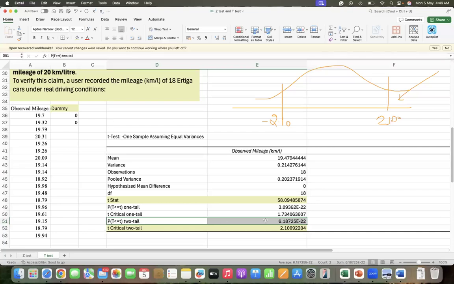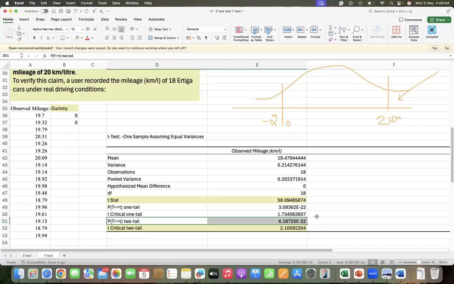So this p value says 6.187. Okay, this value is not clearly given here. It says minus 22, which means 10 raised to the power 22. So in this question, you might not be able to understand completely this p value, but you can understand from this that this value is very, very less, almost equivalent to 0%.